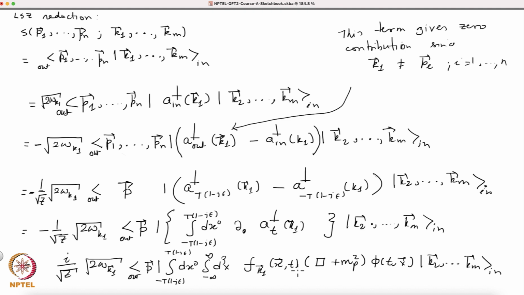Okay, good. So now what I will do is two things. I will write this integral dx naught and d cube x as d4x, and I will remember that the limits for x cube is from minus infinity to plus infinity, but for the time the limits are different.